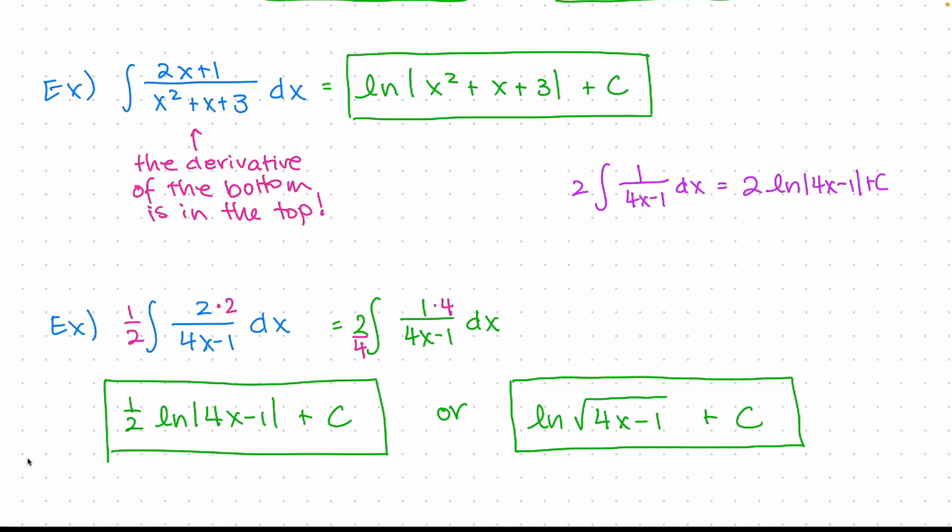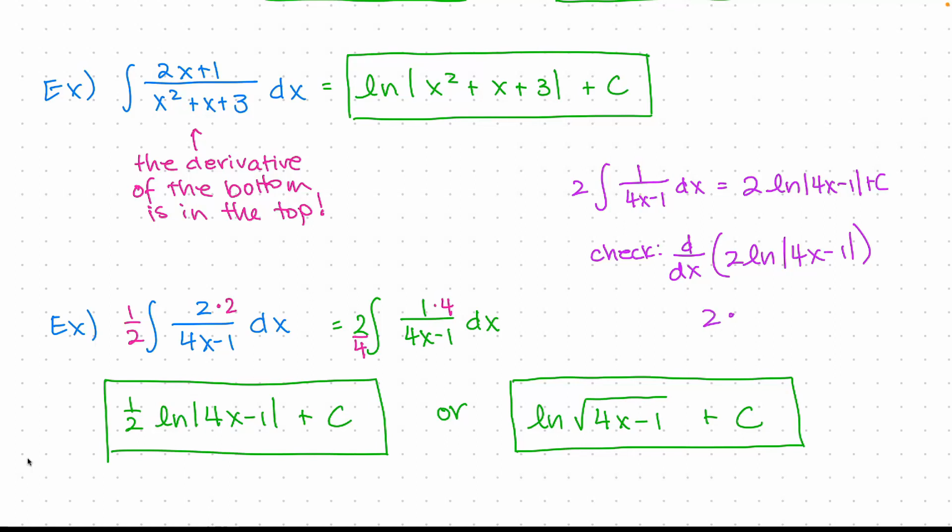And if you go to take the derivative, because remember we should be able to take the derivative of this and get the integrand. So let's check. Check the derivative of 2 natural log. By the way, when you're doing this, you can ignore the absolute value on that.